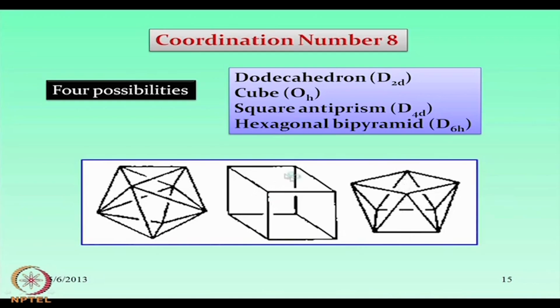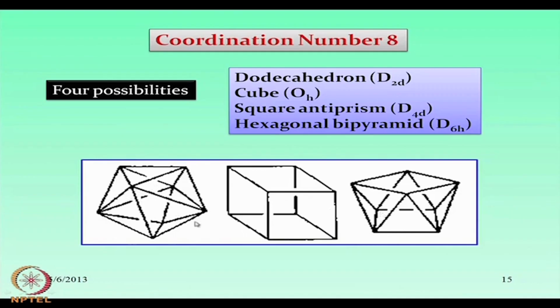Like this face, you have 6 square faces in a cube structure. Here 2 of these are square faces, but the others, 1, 2, 3, 4, 5, 6 of them, are trigonal faces. So 6 plus 2, again 8 faces, but our face number is also changing when we move from a cube to a square antiprism.